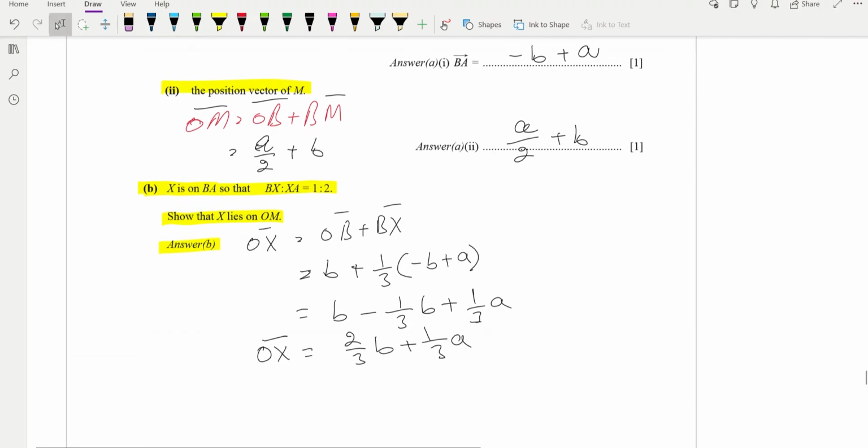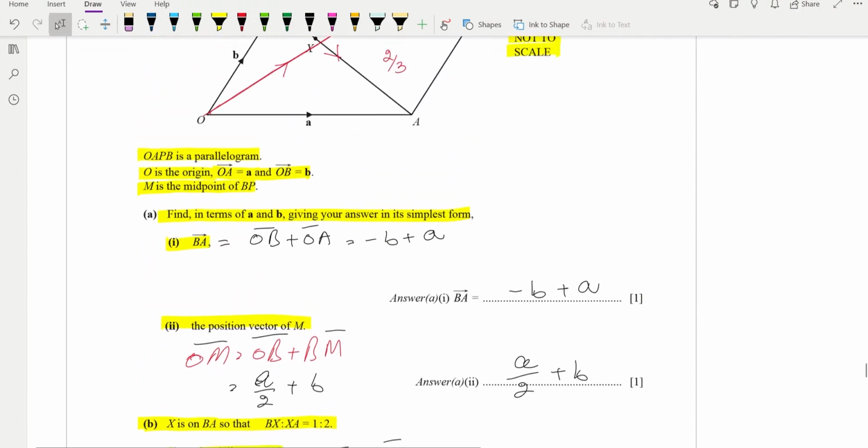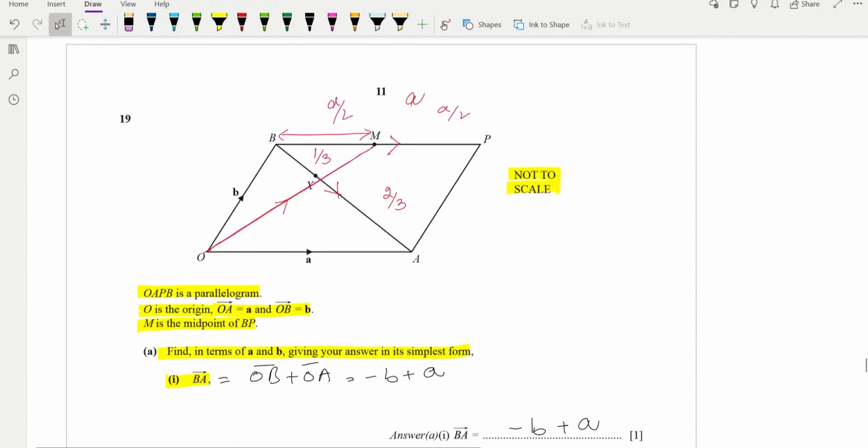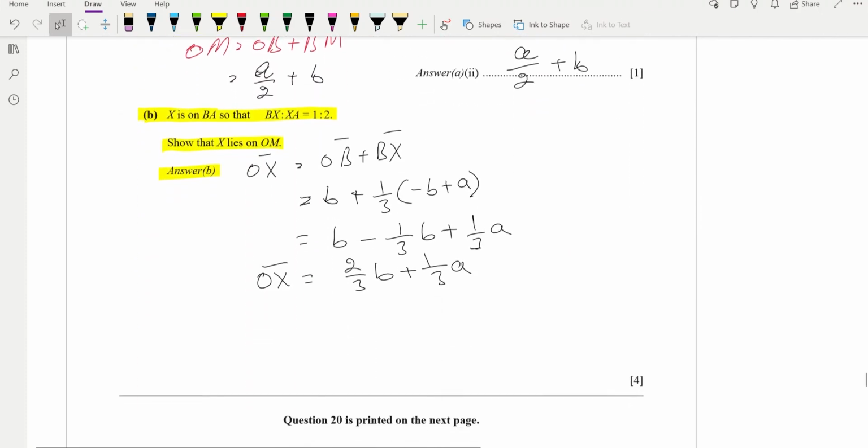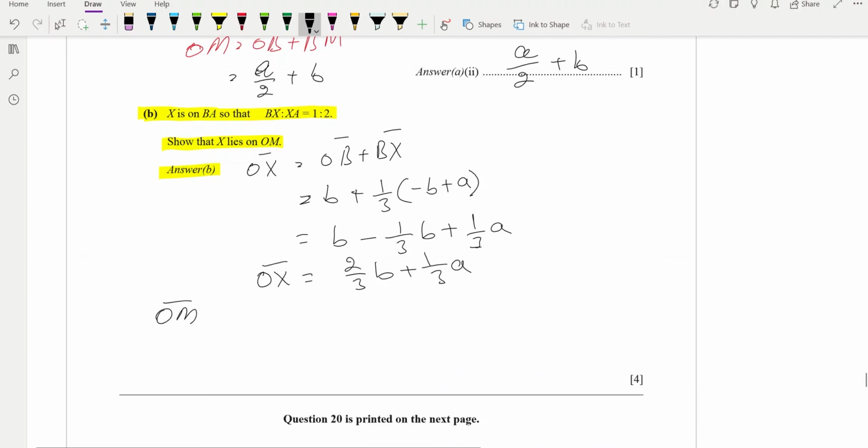Now after calculating OX, we can find OM. OM will be equal to half B plus A by 2. So OM, we can write OM is equal to B plus A by 2, and if we check this equation and this equation, we can figure out that OX is equal to 2/3 of OM.